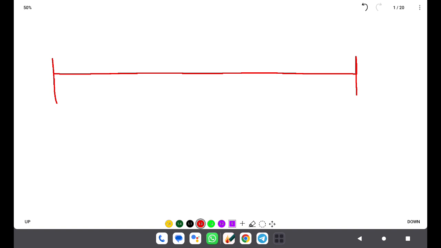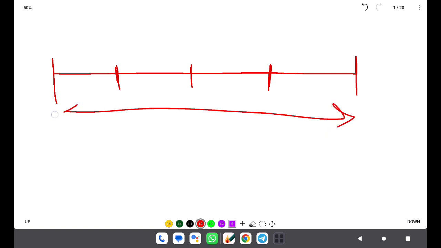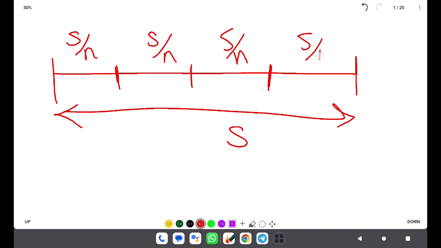Now if it says that a body covers 1/nth of the total distance, suppose the total distance is s, so the body covers s by n equal distances with v1 velocity, v2 velocity, v3 velocity, v4 velocity, and so on, up to vn velocity.